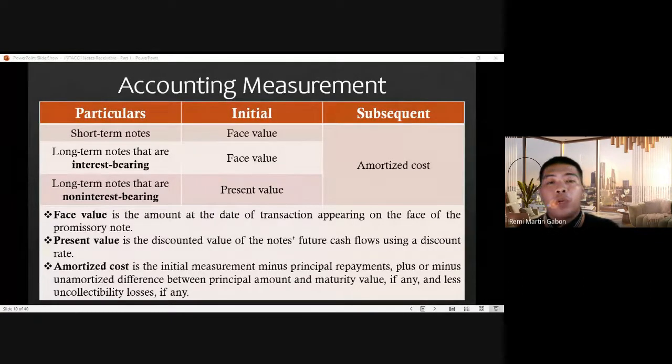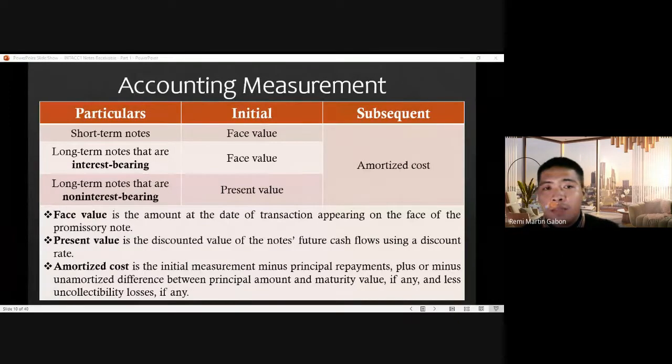But incorporating the concept of IFRS 15, face value should mean the transaction price. Okay, the transaction price. It's still the same actually. Transaction price or face value, they are just the same. Iba lang yung terminologies. But to be strict in IFRS 15, transaction price yung tawag dyan. So for this purpose, we'll just utilize the term face value.